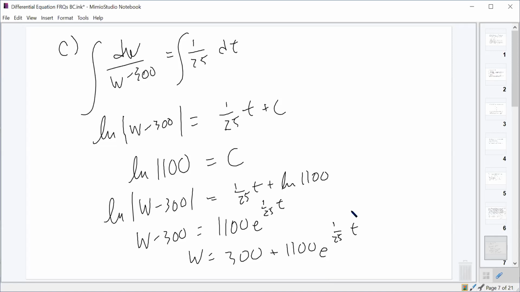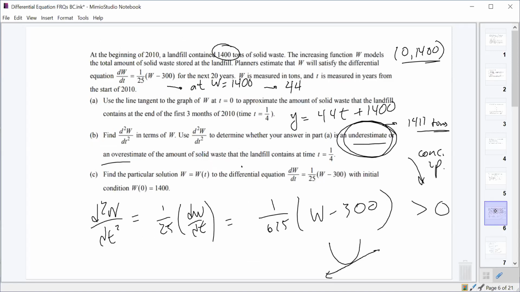To answer your question, no. On this problem, part A was worth 2 points. One for getting 44 and one for the approximation of 1411. Part B was worth 2 points, one for the correct second derivative and one for underestimate with a reason.